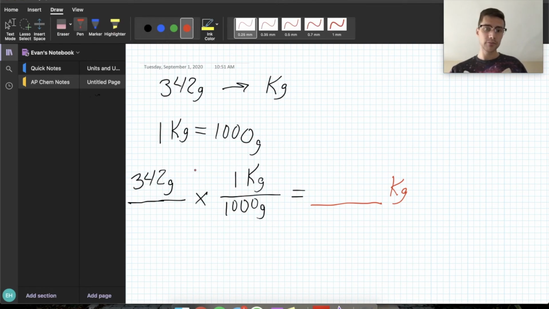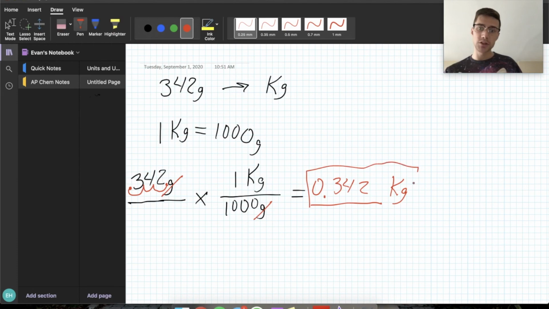So again, here's a gram on the top, here's a gram on the bottom. Those units are going to cancel out. 342 times 1 is still 342, but as soon as you divide it by 1,000, we move the decimal place over 3, right? 1, 2, 3. So we end up with 0.342 kilograms. So that is our answer for converting 342 grams into kilograms, okay?